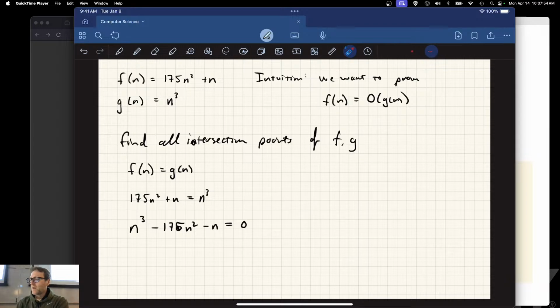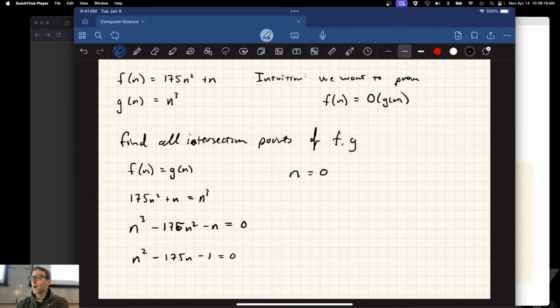Now, is it easy to solve for n? What's one solution that's pretty obvious up front? n is 0, right? And I can factor that out. Once I've factored out an n, what do I get? n squared minus 175 n minus 1 is equal to 0. Can you find the other 2 n's?